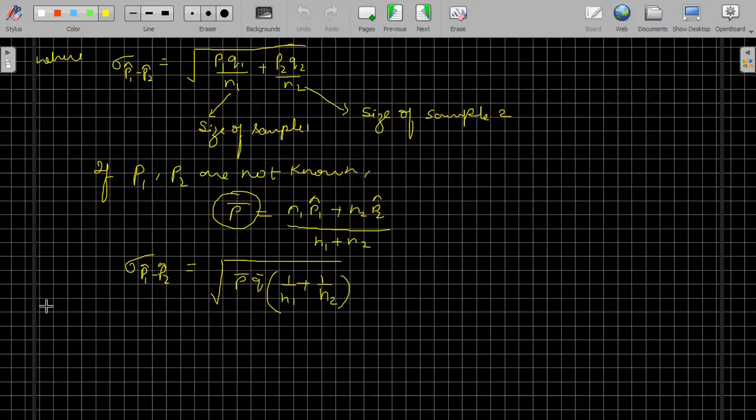Step number 5 is find critical value from standard normal table.